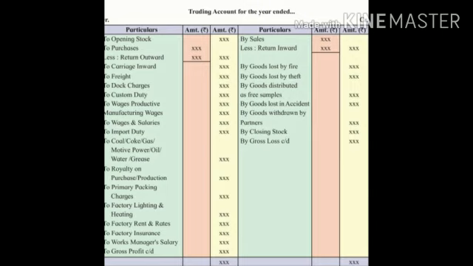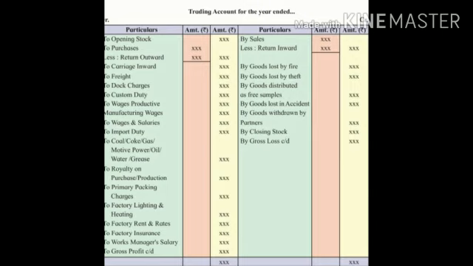Custom duty, wages, productive wages: when we are doing production activity, the wages paid to the workers involved in production are called productive wages. Manufacturing wages, wages and salary, import duty, coal, gas and fuel, royalty, primary packing charges, factory lighting, factory rent and insurance, works manager's salary.